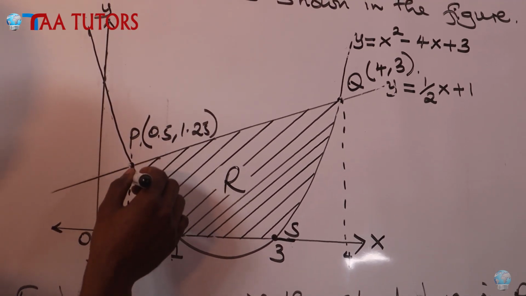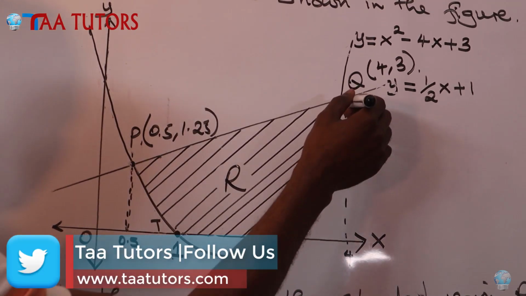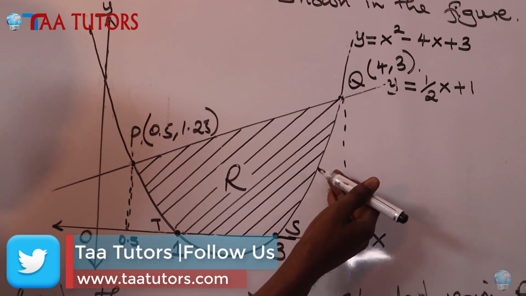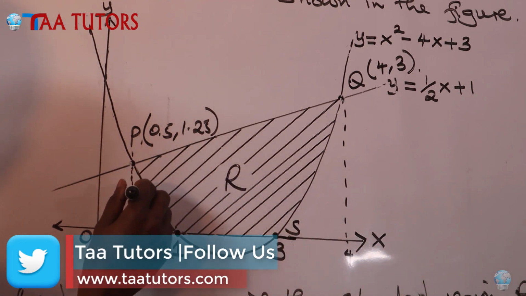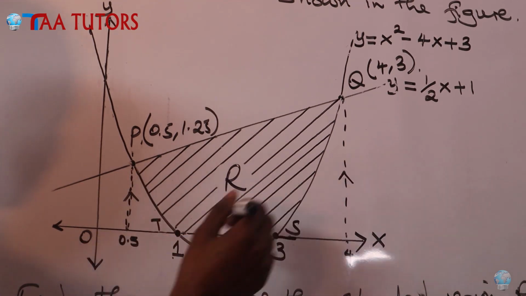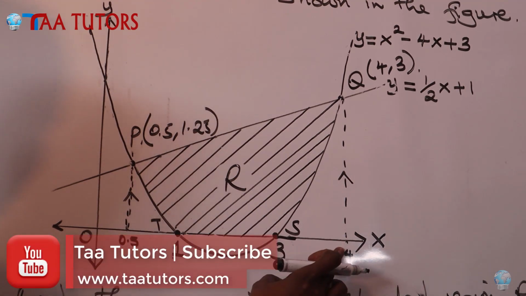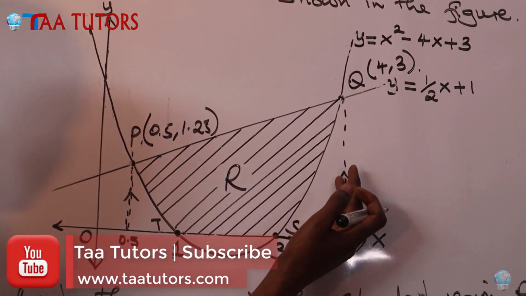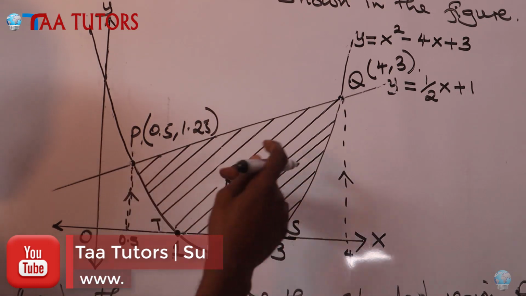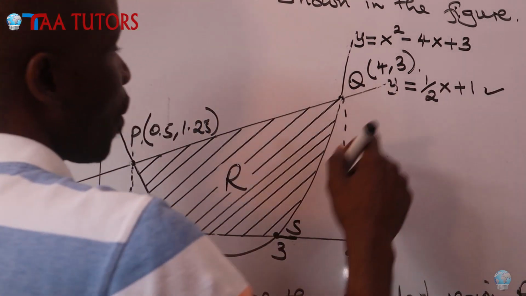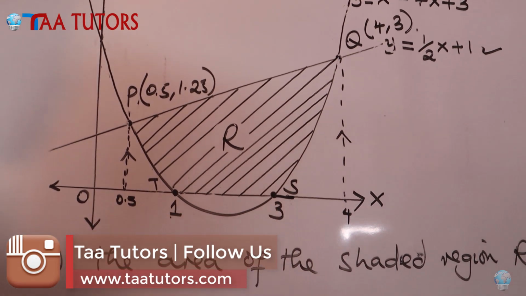If I take this line that is dotted here, we have a trapezium where these are the parallel lines. The height is from here to here. That is the area under the straight line, y equals to half x plus 1.